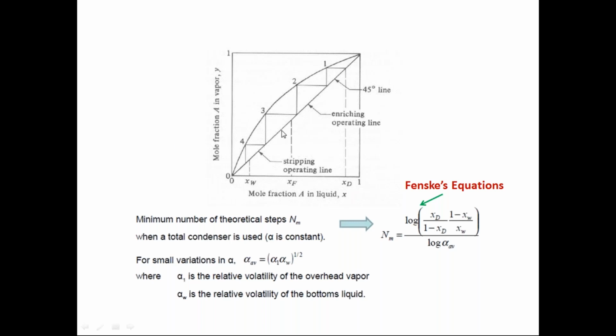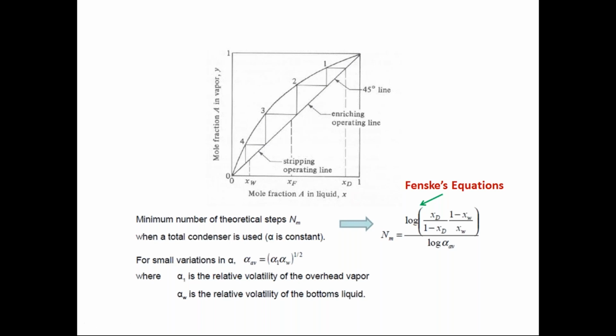Similarly, here you can see that on the highest side, the maximum reflux ratio is infinite. So the operating line coincides with the 45 degrees diagonal line, and the number of plates will fall to the minimum. So the minimum number of plates will result.